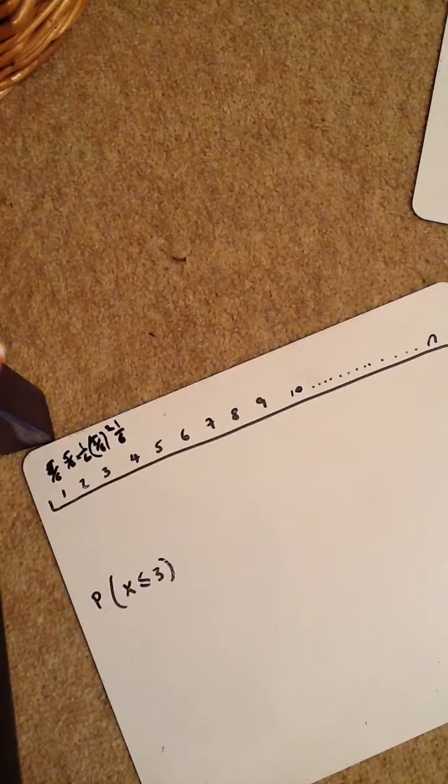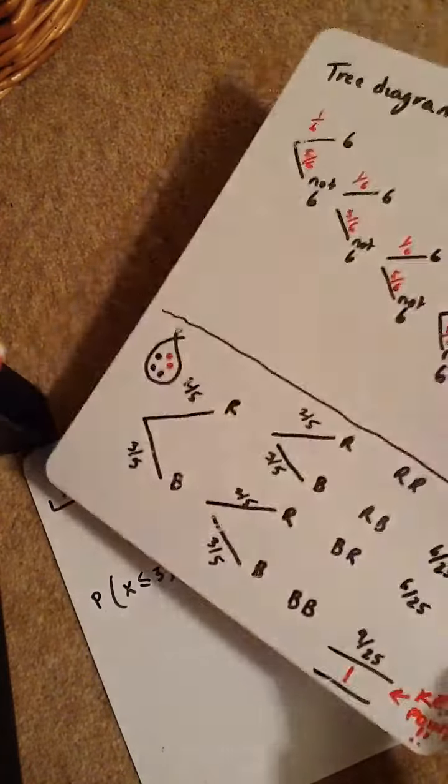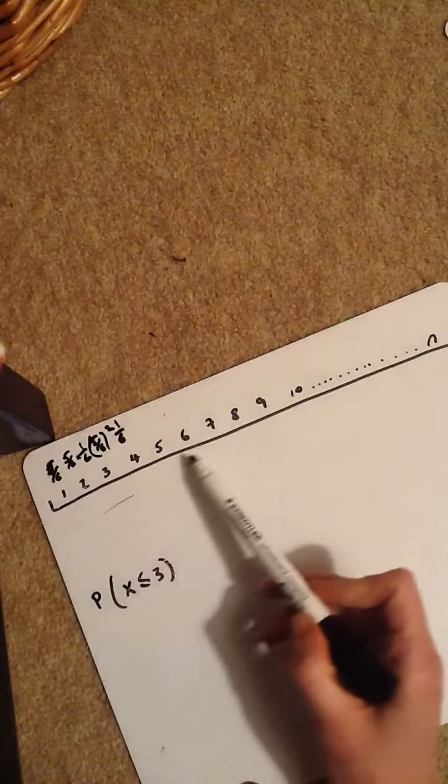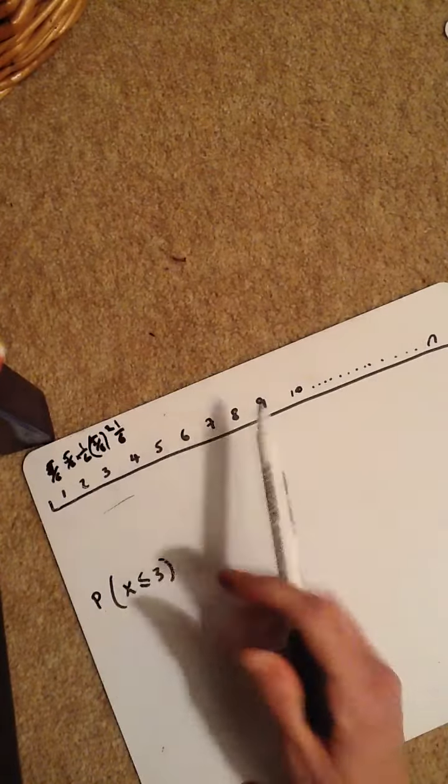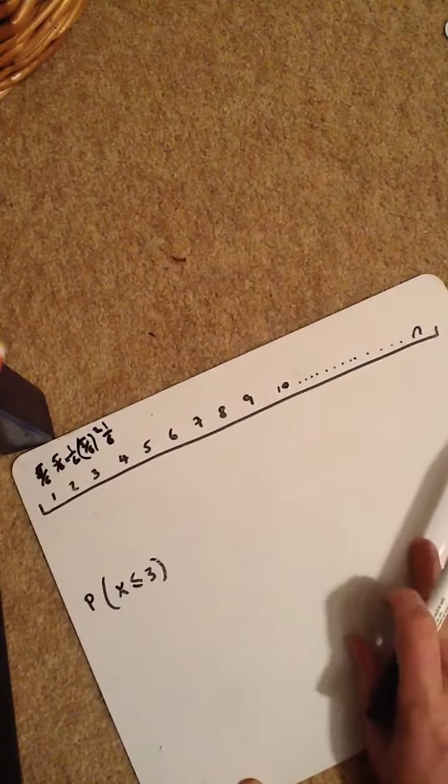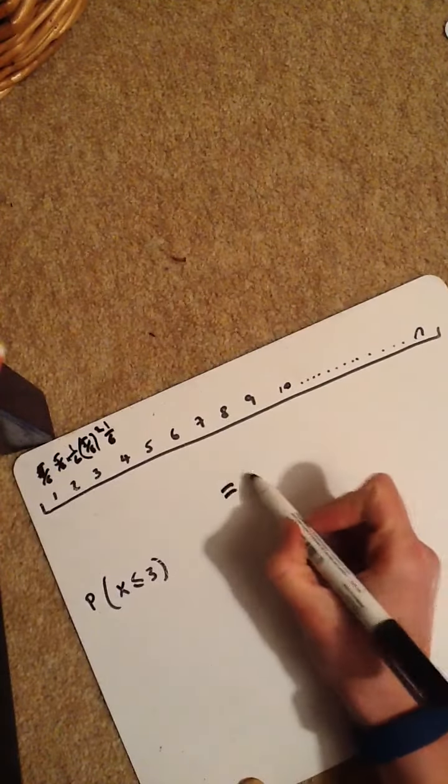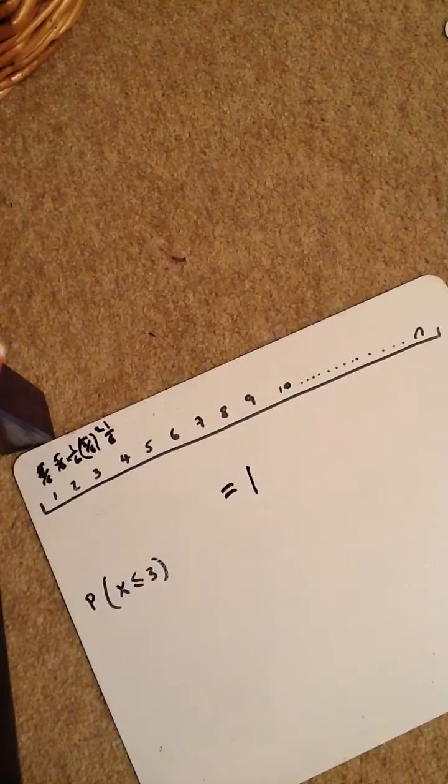So we know that because of this idea here, that they all have got to add up to 1, so all of these possible outcomes here have got to add up to a total of 1, because of the tree diagram idea before.